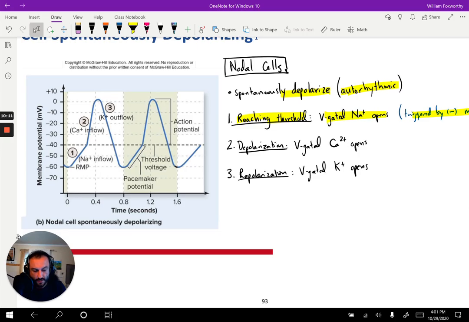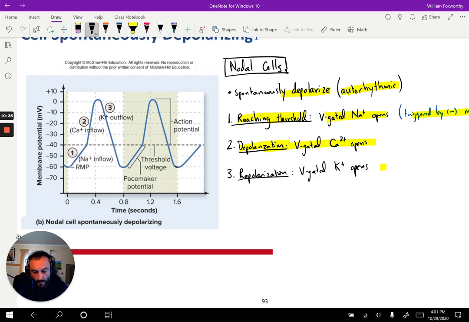I'll come back to that idea in a second. So sodium is going to come into your cell. That's going to cause your cell to become more and more positive. And once you reach the threshold value of -40, that's going to open up another set of voltage-gated channels, your voltage-gated calcium channels. It also triggers the opening of your voltage-gated potassium channels.